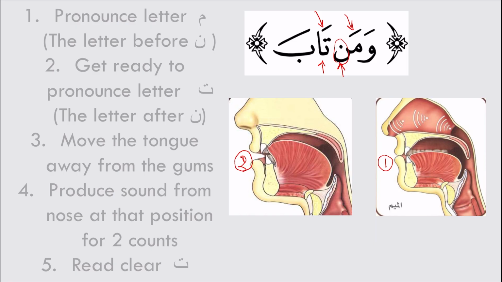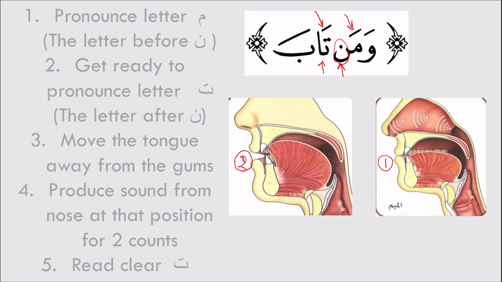It's Mat, Mat. First we need to pronounce letter Mim, Mat, and get ready to read letter Ta, the letter that's coming after Noon. Then we need to keep the tongue away from the Noon articulation point, not man, man, it's mat, mat, like this.